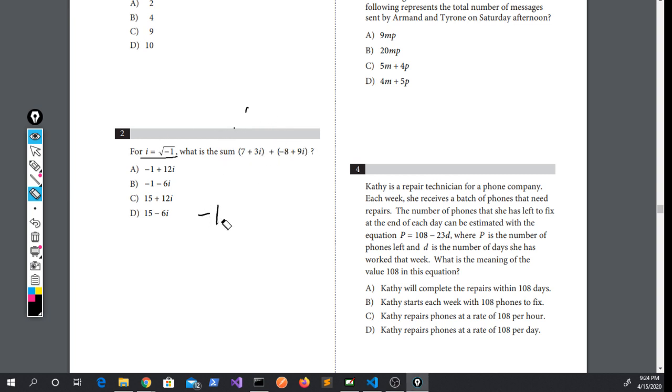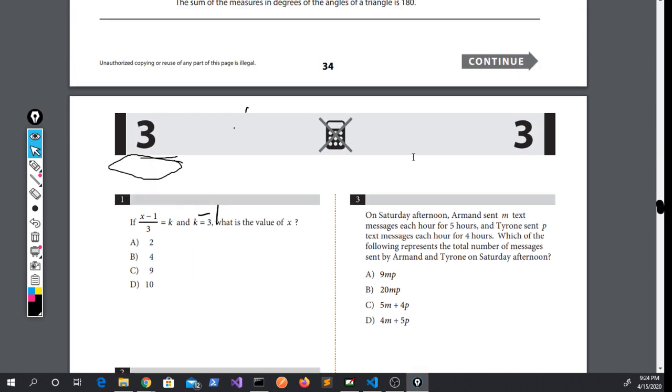So it's going to be negative 1 plus 12i, which is A. Okay, technical difficulties here, bear with me. Alright, let's go to the next question.